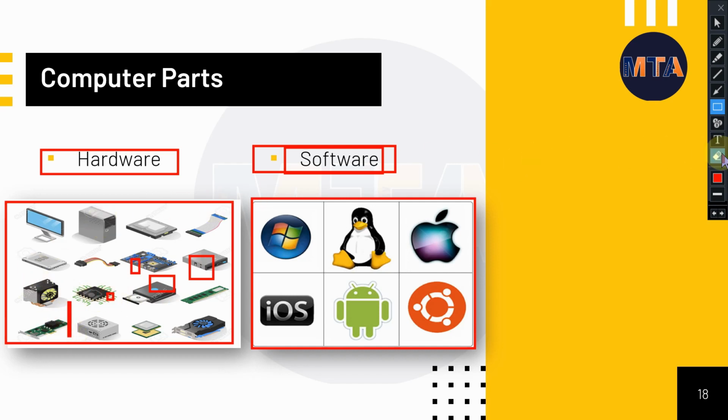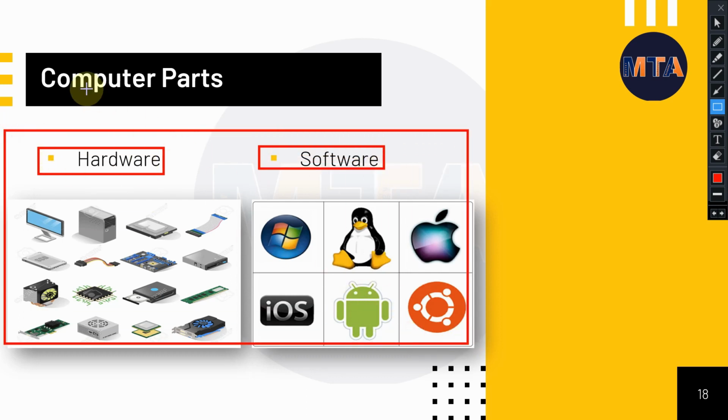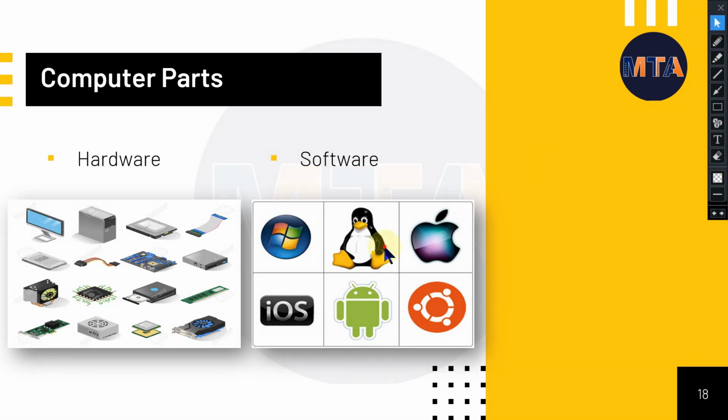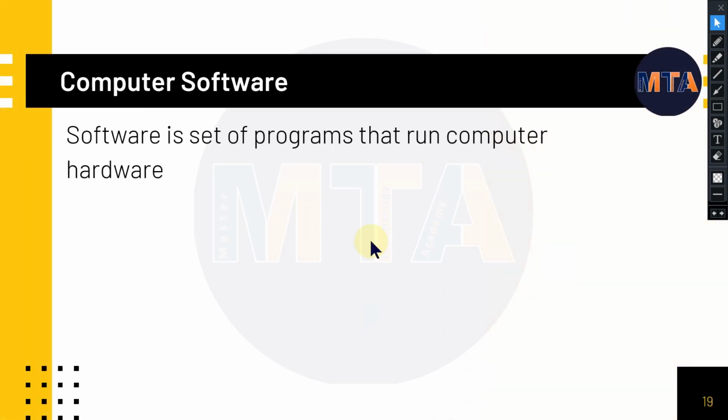Both are important, and they are dependent on each other. Without one part we cannot have the next. Just hardware is not enough, and just software is not enough. They come together in order to have a computer. These are the general parts of a computer.